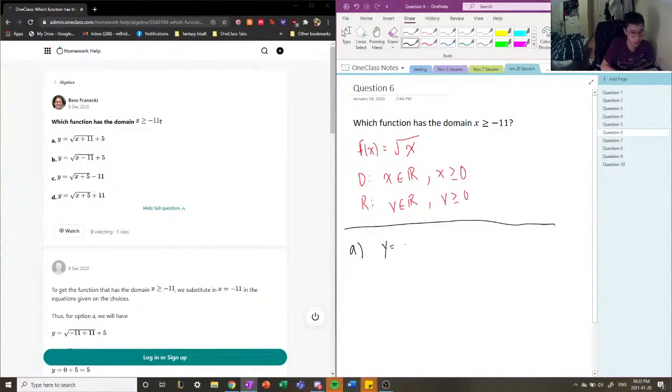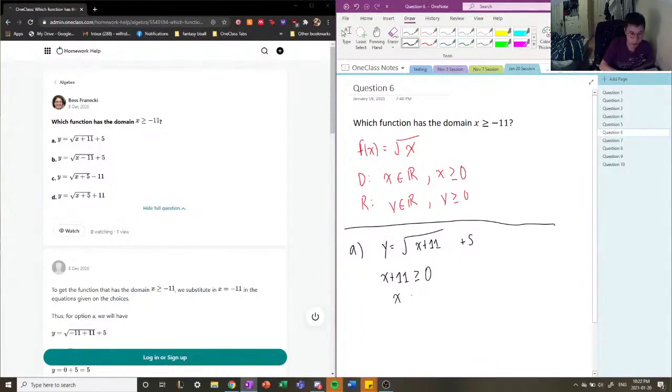So our first function is y equal to square root of x plus 11, plus 5. We don't need to worry about this constant plus 5 out here. We just need to worry about what's inside the brackets. So what are the values that will make x plus 11 greater than or equal to 0?